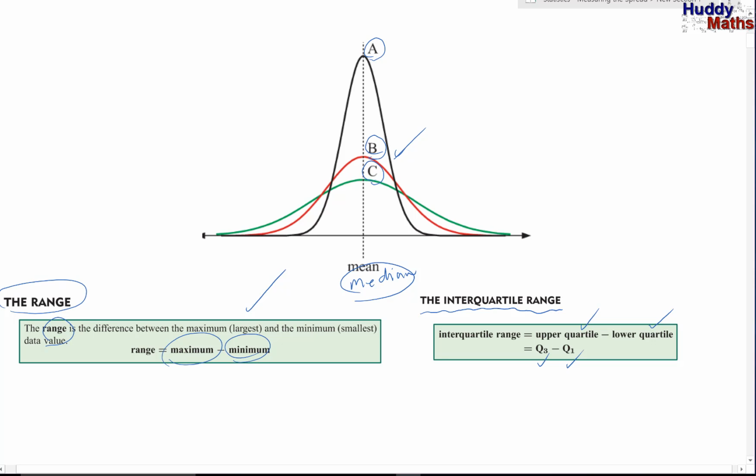But what if we divided up into quarters the rest of the distribution? So in other words, this would be Q3, the score which has a quarter of scores above it, and Q1, which has a quarter of scores below it.